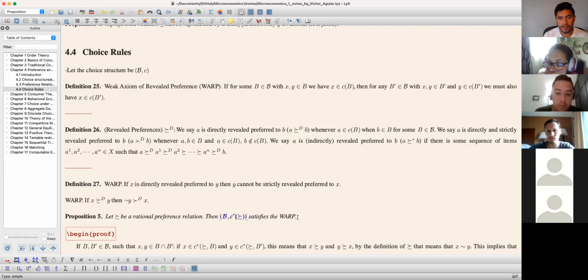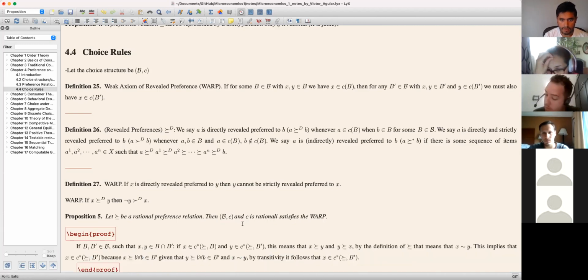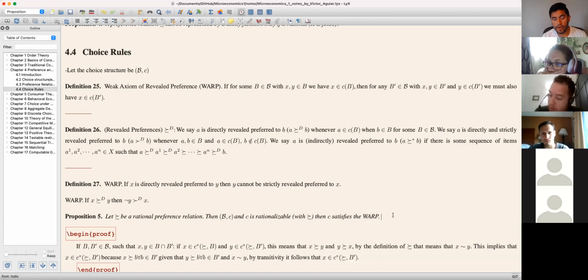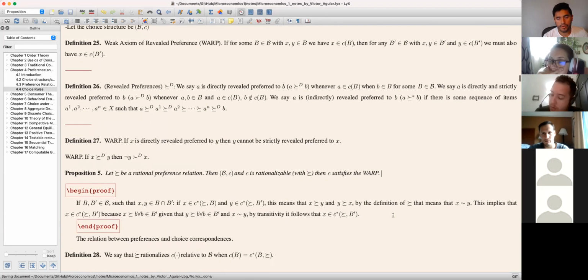So let's even do it like this. So imagine I have a choice correspondence, right? Satisfies WARP, okay? So I'm even breaking it even more. So let's do that, right?